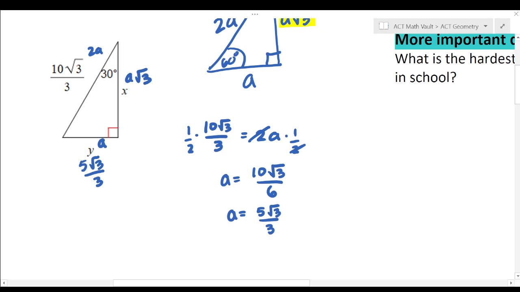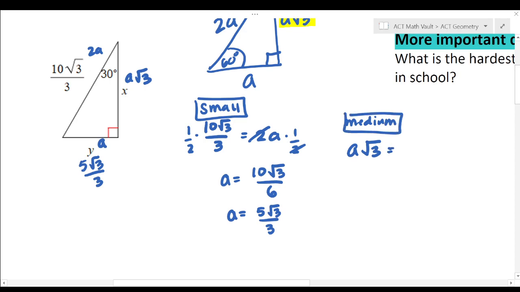And then remember that in our x spot, that's the A root 3. A root 3 is our medium. So let's call this one small, and then we have to do medium now. A root 3 is equal to, well, let's do it right underneath. We know the A now. The A is 5 root 3 over 3, but then I must bring this root 3 down and simplify that all together.